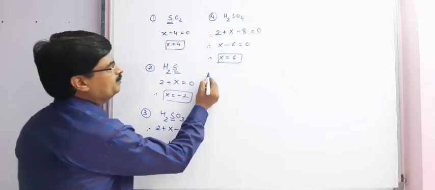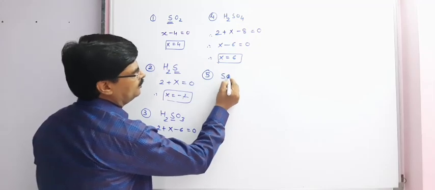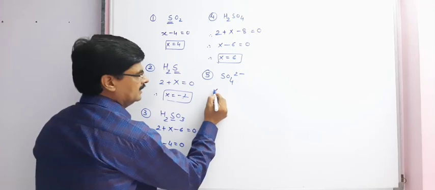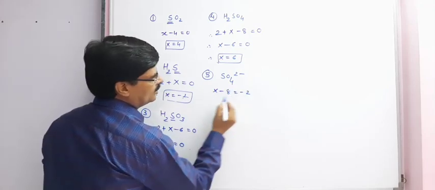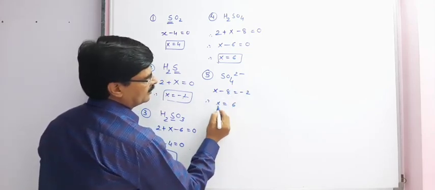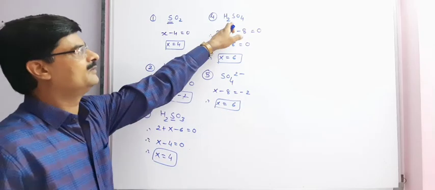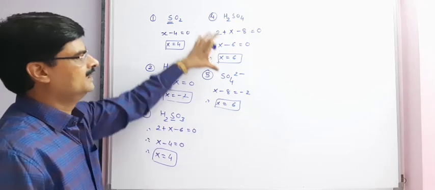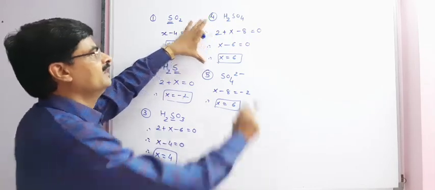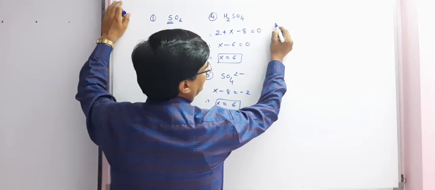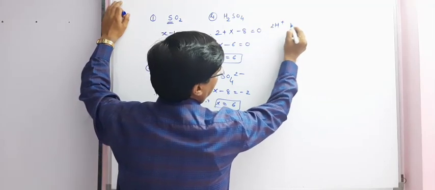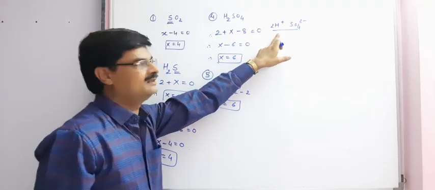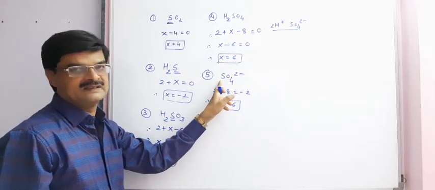From the same example, if we have to find the oxidation state in the sulfate ion, then X minus 8 is equal to -2. Therefore, X is equal to 6. So sulfur in sulfuric acid or in sulfate ion is 6. This can be understood easily because H2SO4 is made up of 2H+ and SO4 2-. If we separate the ions, we get the sulfate ion in the same manner.